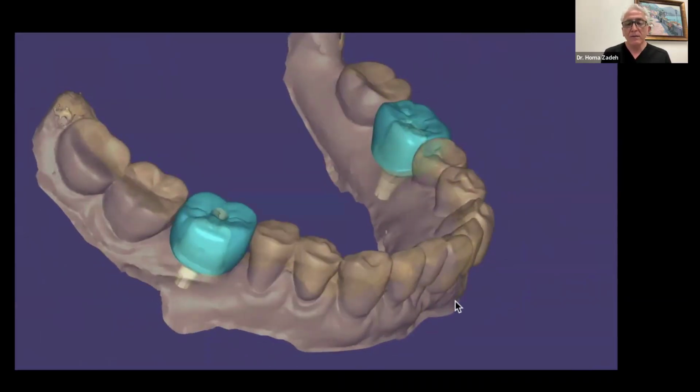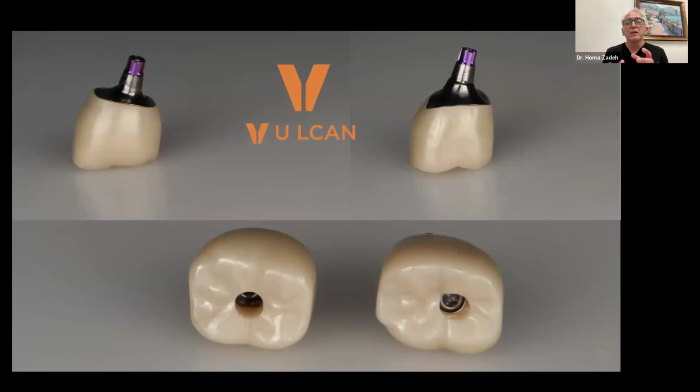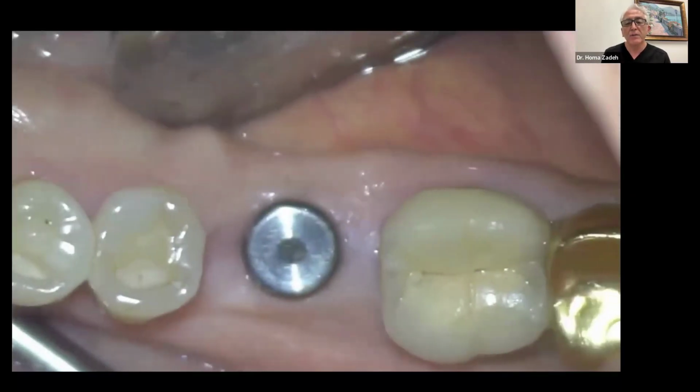And I like to cement this intraorally, okay? So you see that these are screw-retainable restorations, 2 separate pieces that are not cemented extraorally, because if you cement extraorally, the contact may prevent you from seating it fully, and you may have a restoration that is not fully seated. So the screw access hole will give you access if you ever need to remove the restoration for any reason.